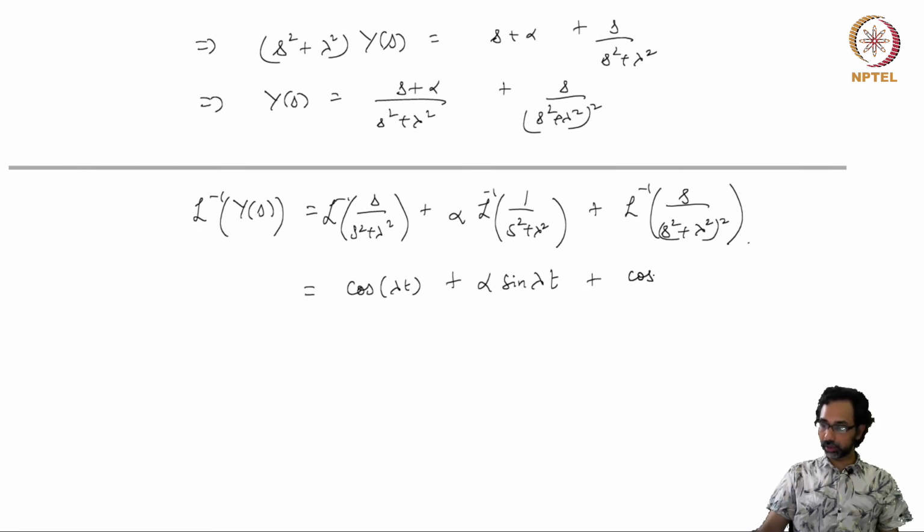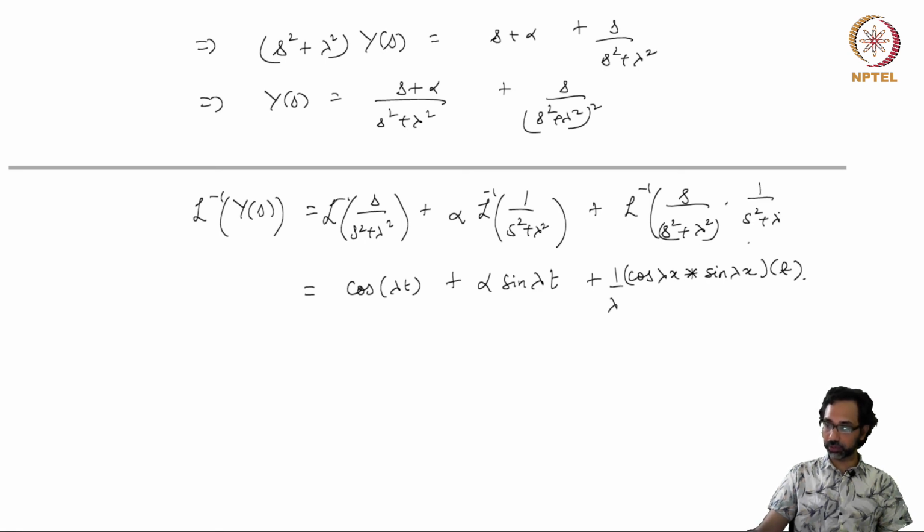The third is the convolution of cos lambda x with sin lambda x over lambda, evaluated at t, because this can be written as two functions, s over s square plus lambda square times 1 over s square plus lambda square. If you evaluate this, the whole convolution gives you t by 2 lambda sine of lambda t.